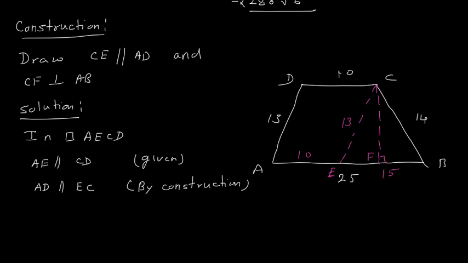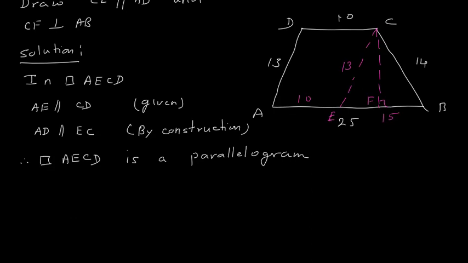Therefore, I will say that rectangle AECD is a parallelogram. Therefore, AE equal to DC equal to 10 and AD equal to CE equal to 13.